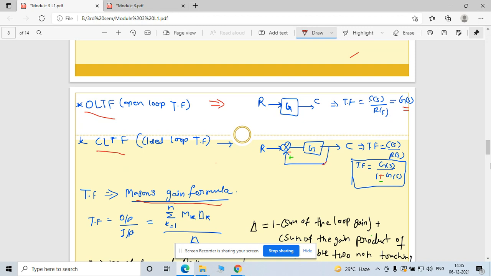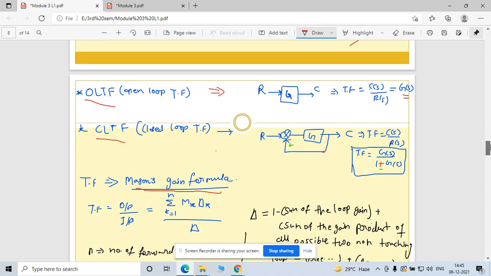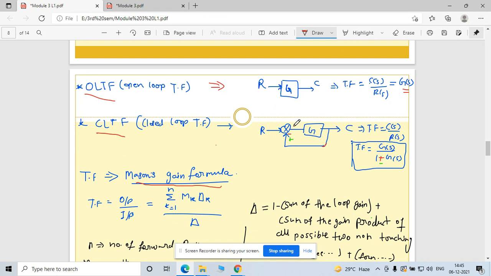Now simple, see here, this is nothing but your closed loop transfer function. This is your forward path, right? This is your forward path. If there are a number of blocks in the block diagram, different forward paths are also possible. If it is a complex block diagram or complex network, there are multiple paths also. So for this network, this is your forward path.